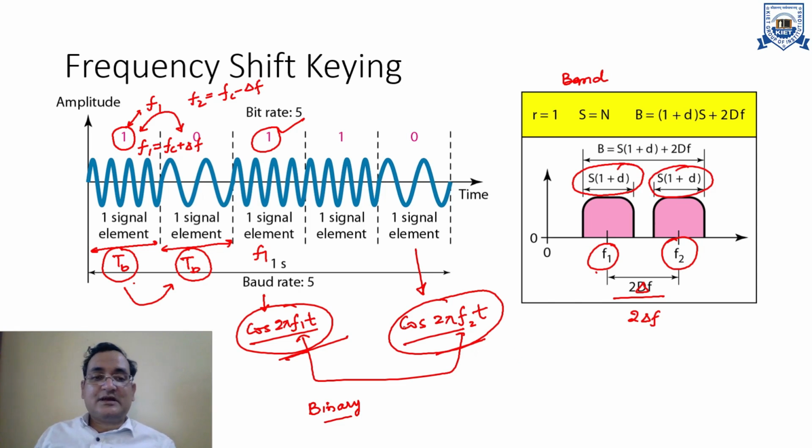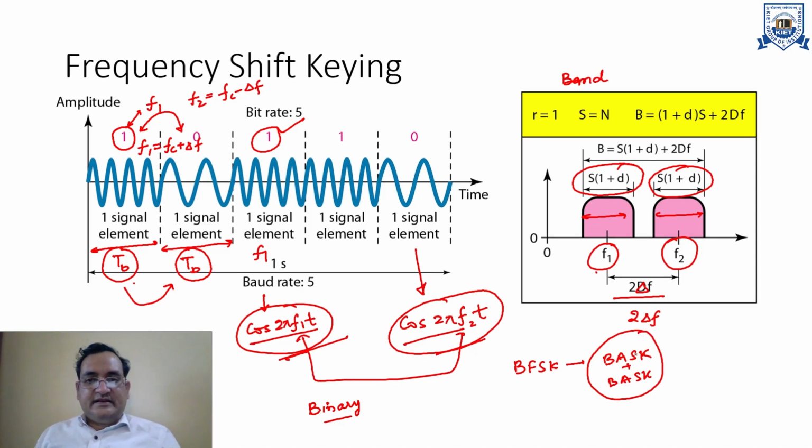That means I am combining 2 different frequency ASK signals and transmitting these 2 different ASK signals simultaneously in one medium at a single instant of time. So FSK, especially BFSK, will be considered as BASK plus BASK. So how can we do that? I will describe it in further slides.